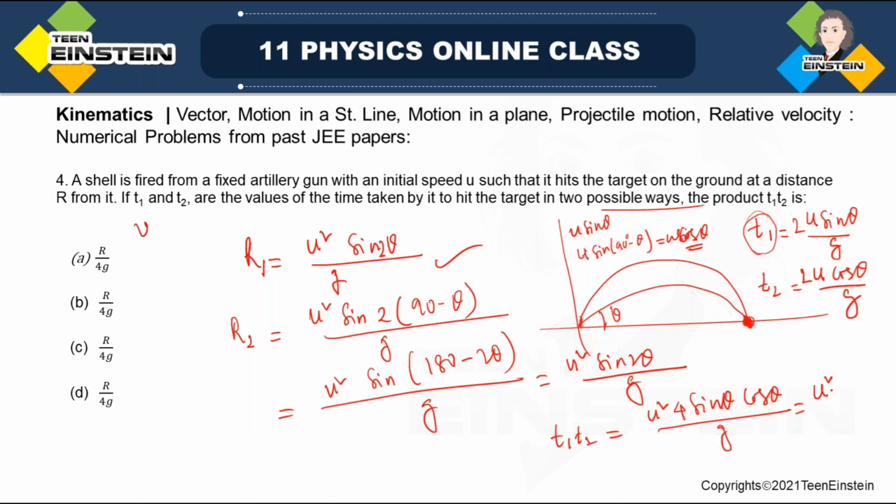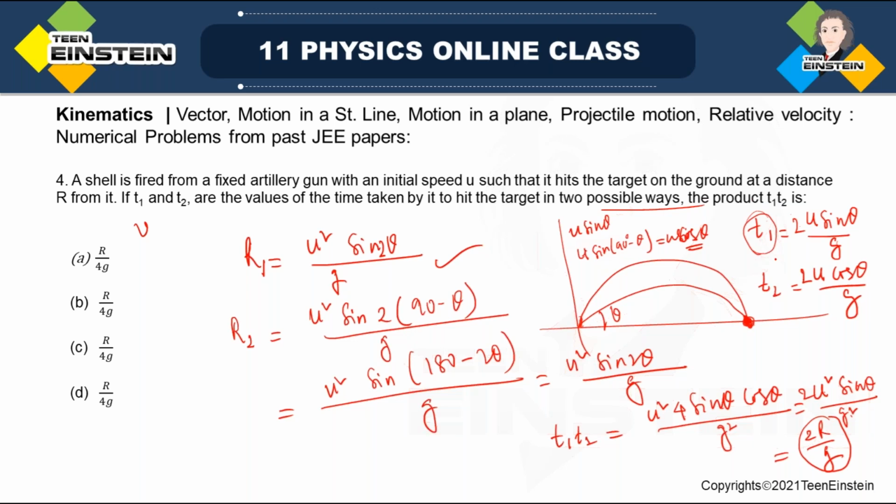So u square, let it be. Then 2 into sine 2 theta divided by g square. So u square sine 2 theta by g, I can write that as r. So this product will actually be 2r by g.